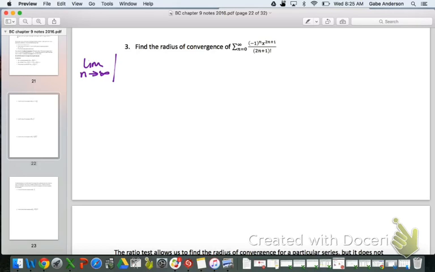So if I plug an n plus 1 in for n, I'm going to get x to the 2(n plus 1) over (2(n plus 1)) factorial, times the reciprocal of the previous term. So that would just be (2n plus 1) factorial over x to the 2n plus 1.